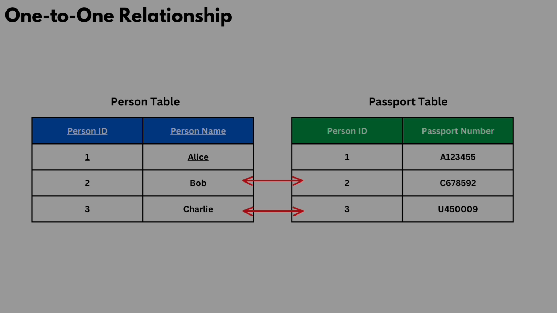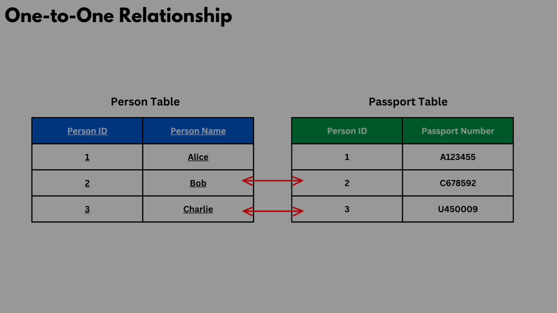The first one is called a one-to-one relationship. This happens when each record in one table corresponds to exactly one record in another table. We have one example here. We have two tables. Table A, the person table, includes all information about different persons.